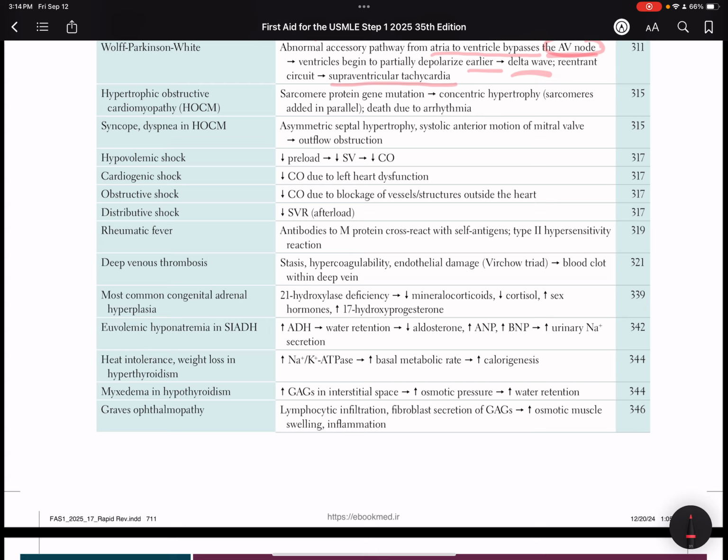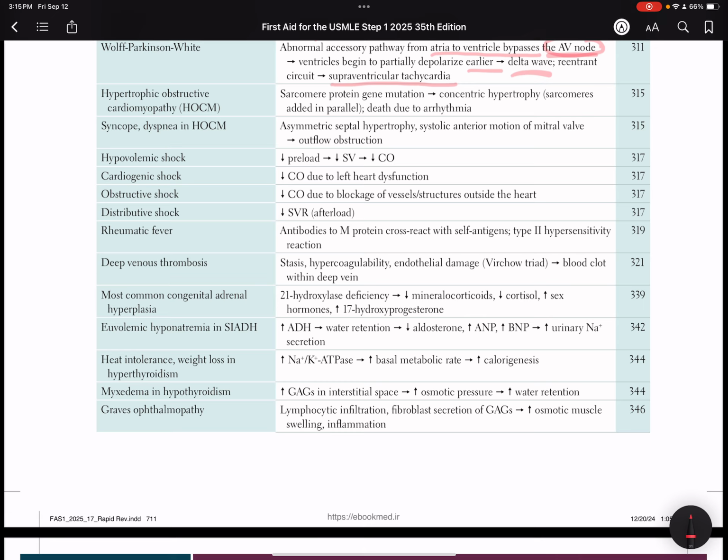Cardiogenic shock is decreased cardiac output due to left heart dysfunction. What is obstructive shock? Obstructive shock is decreased cardiac output due to blockage of vessel structure outside the heart. What is distributive shock? Distributive shock is decreased systemic vascular resistance, or afterload.